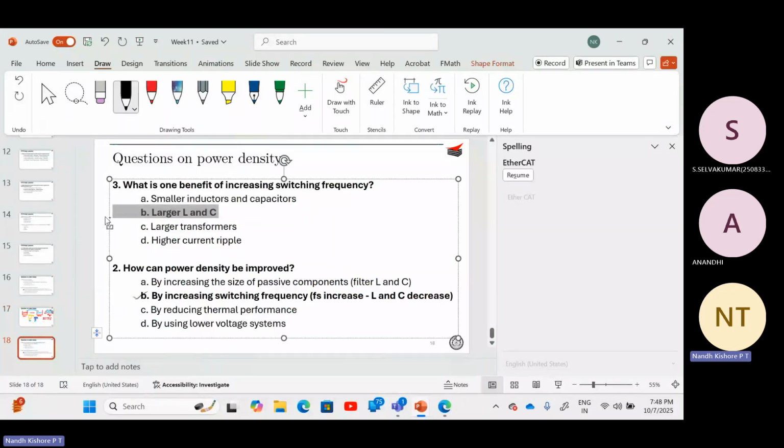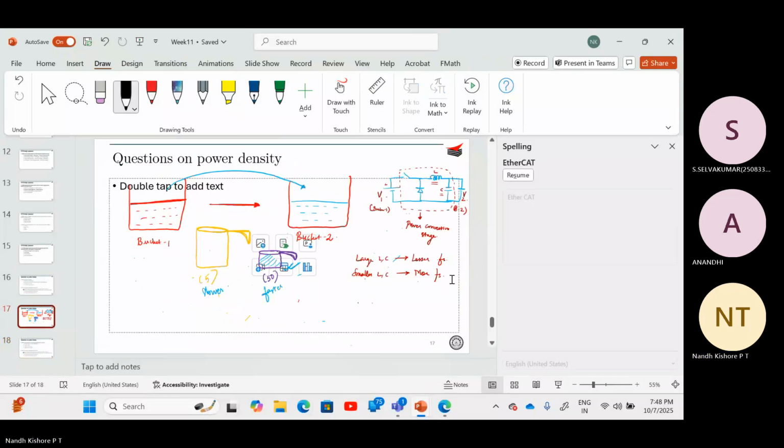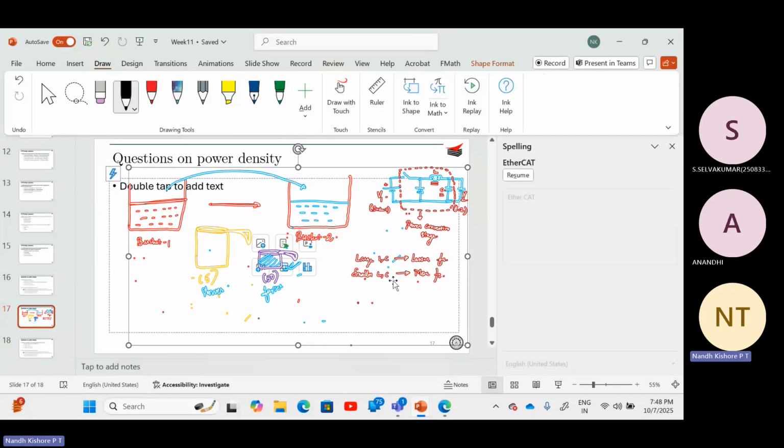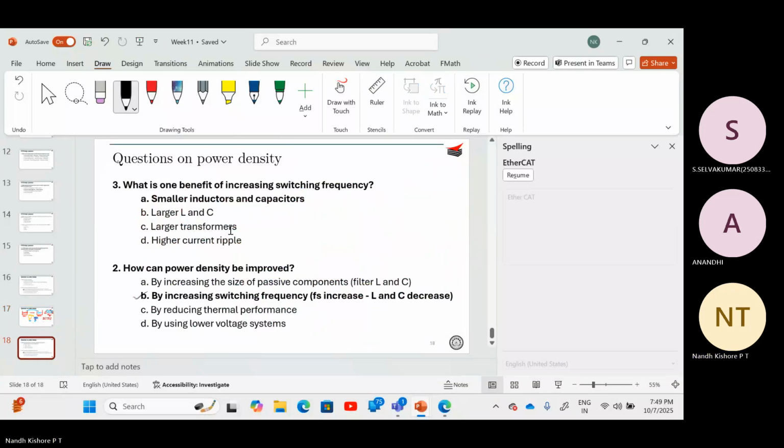So what is the answer for this? The answer would be A, right? That is smaller inductors and capacitors. If we increase the switching frequency, we just saw more switching frequency, smaller would be L and C. That is, you need a smaller mug. You can do it multiple times, more number of times.